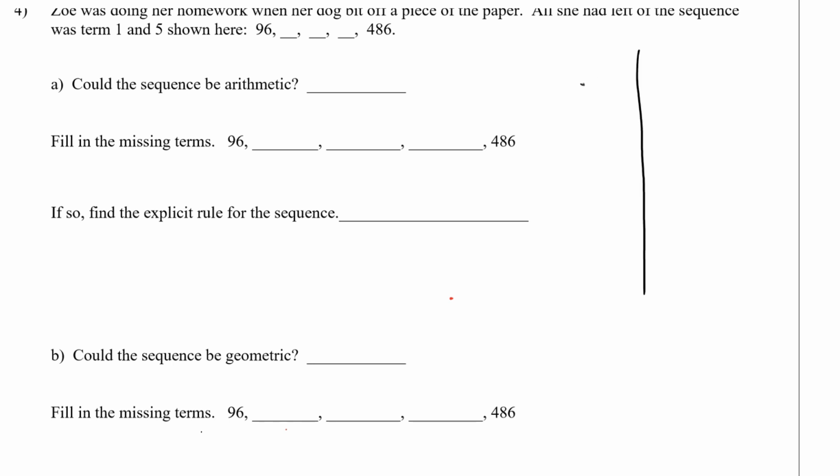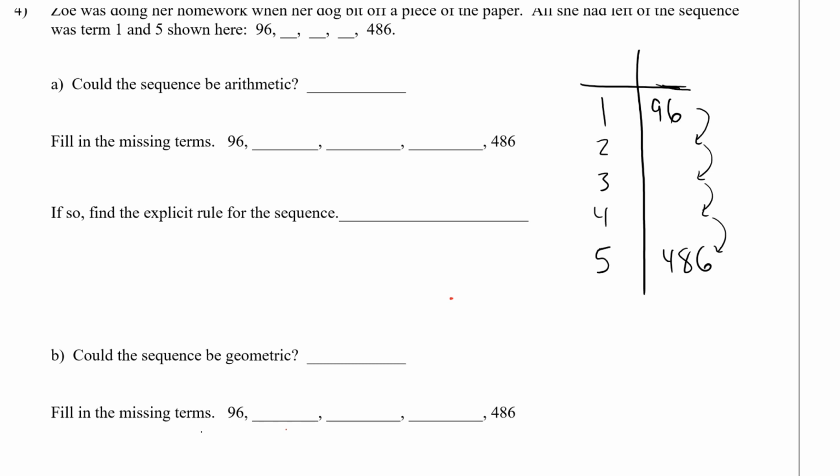So this question is essentially, let's think about what it would look like if this was arithmetic. So I would have a first term that had a value of 96, and then I'd go to a 2nd, 3rd, 4th, and a 5th term that would give me 486. So I need to grow by adding or subtracting the same value repeatedly if it's arithmetic, and because it's getting larger, I'd be adding the same thing.